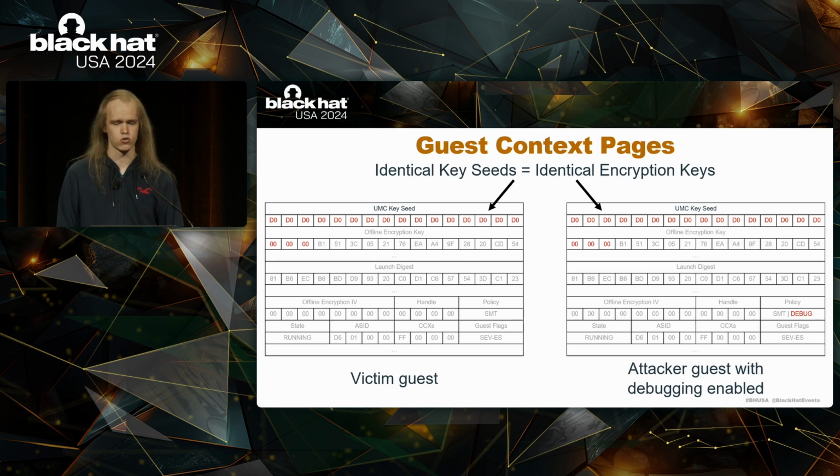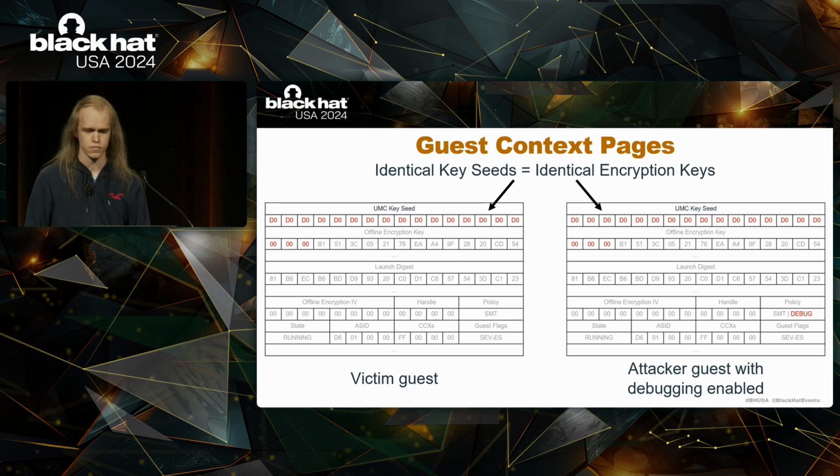So the idea then is to have a normal victim guest that we can use for all the attestation stuff, and for this guest, we don't enable debugging. However, we also have a second guest, and for this guest, we enable debugging. Because both of the guests use the same encryption keys, we can use this attacker guest to decrypt the memory that is owned by the victim guest. And that way, we can leak secrets.